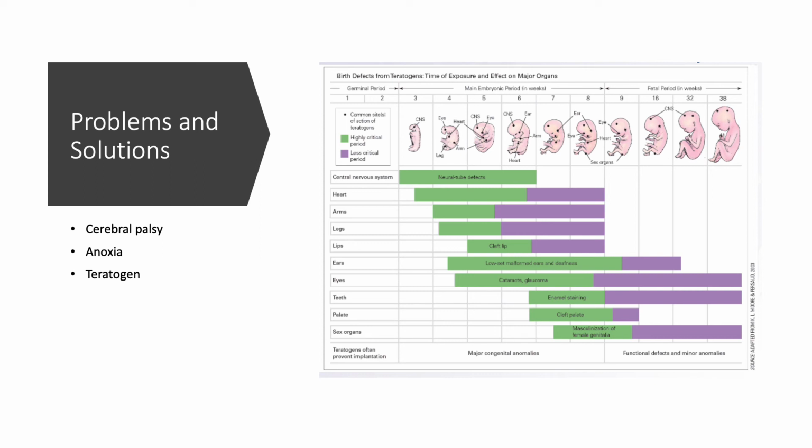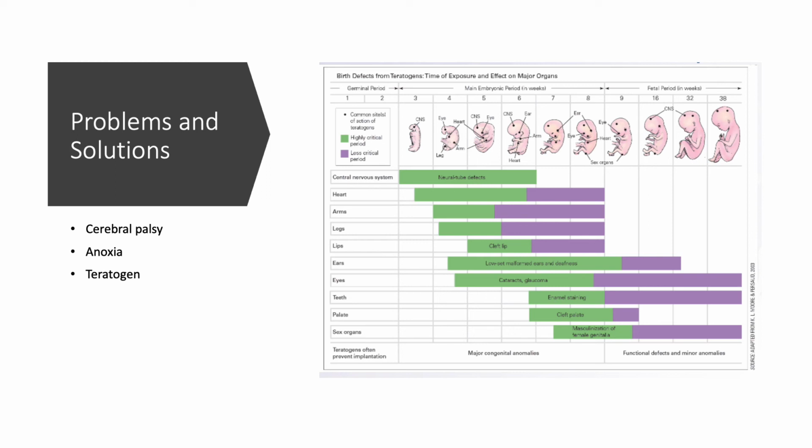Essentially, there are three critical times that can cause harm or teratogenic effects. And the three things you need to remember are: one, there are substances that can cause harm. Two, there are critical times when those substances can have a more significant impact on the development of the fetus.